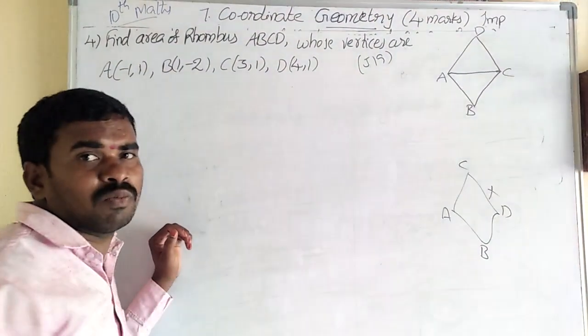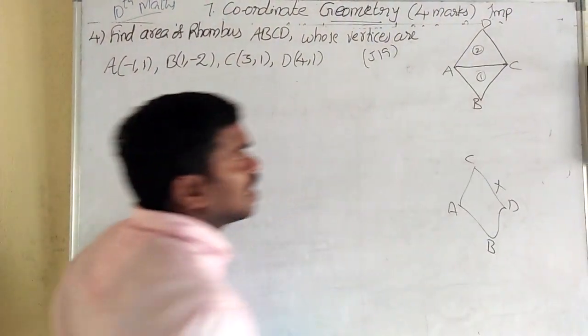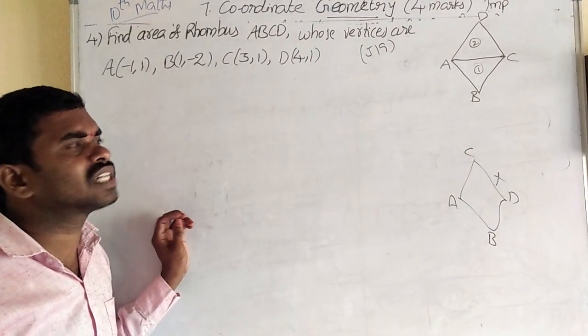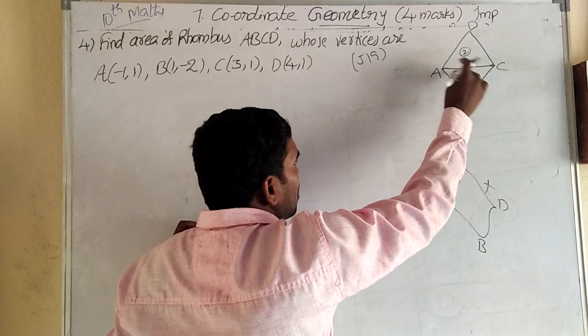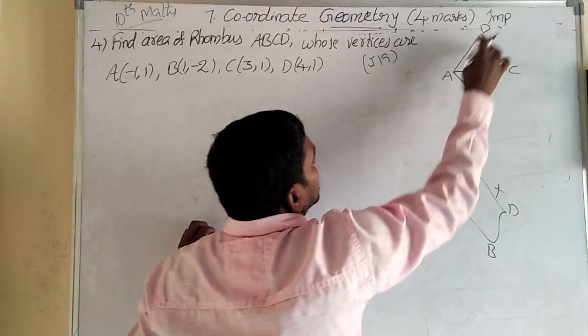How many triangles are formed? Here one triangle, here two triangles. And moreover, the two triangles have equal area. So if you find the area of triangle ABC, that is the same as the area of triangle ACD.